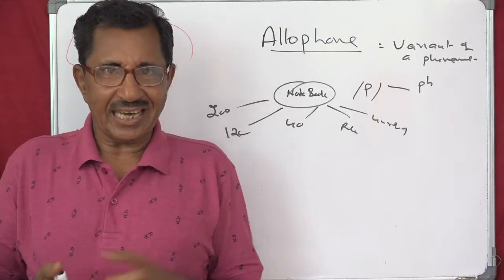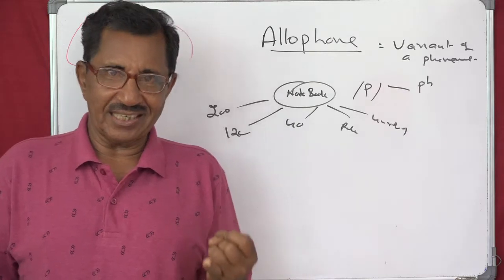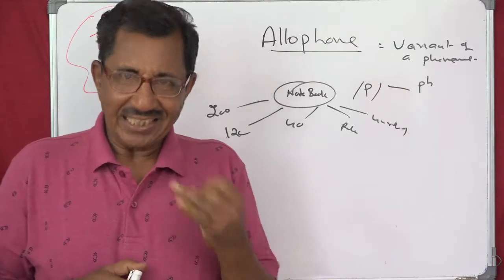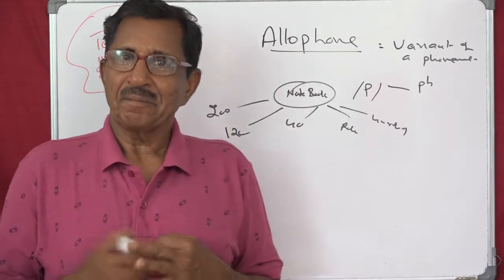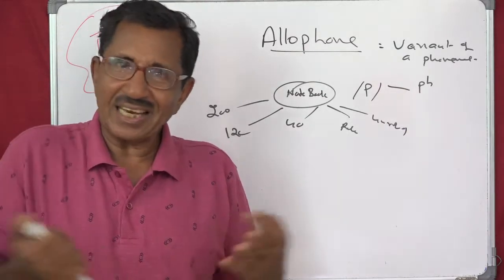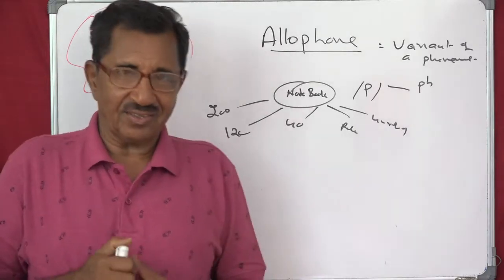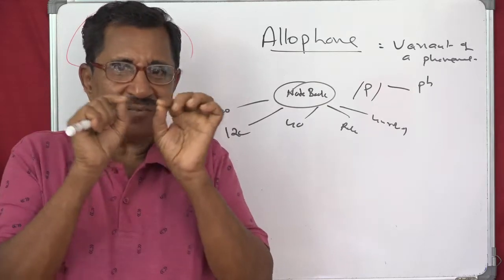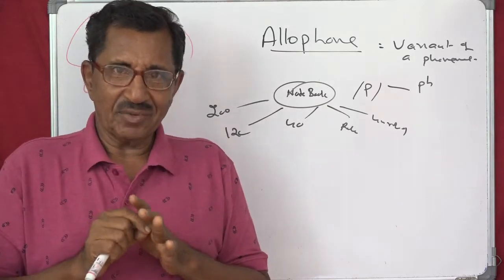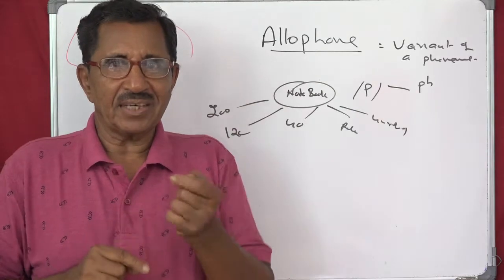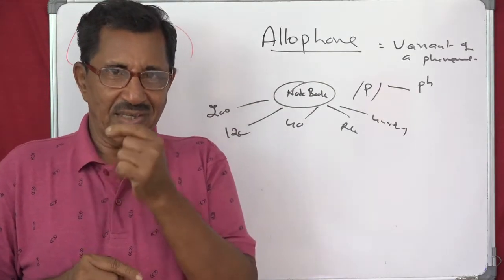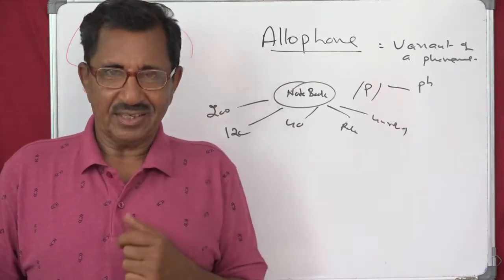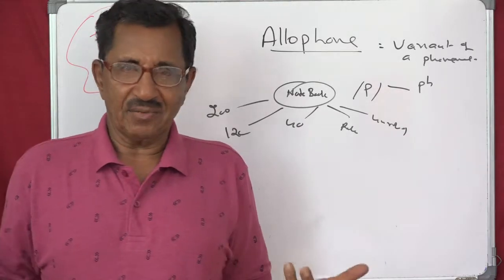You have got a carrot cake, a red sweet cake, an iced cake, fruit cake, and many types of cakes. But the central stuff, the main stuff, is cake. So many things are common with them, but slight variation takes place depending on what you add to it. I think now it is clear.